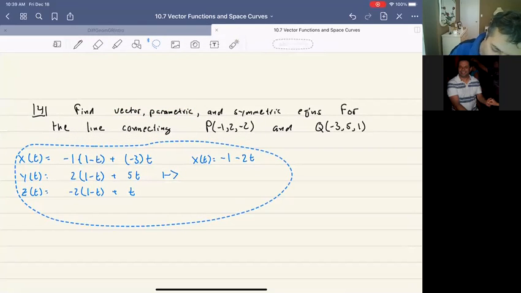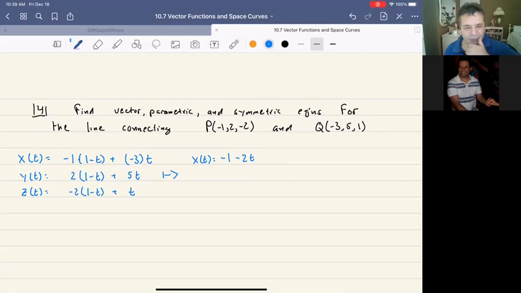In case you don't notice, I try to keep the explanations and the questions in black ink and the answers in blue. y of t is 2 plus 3t, just taking the -2t plus 5t. z of t is -2 plus 3t.